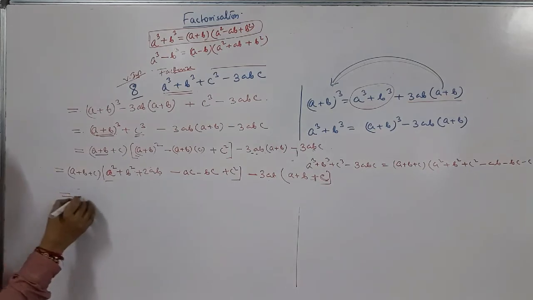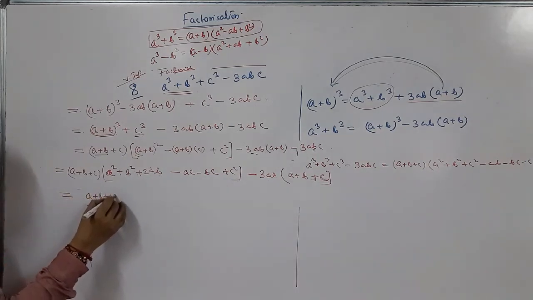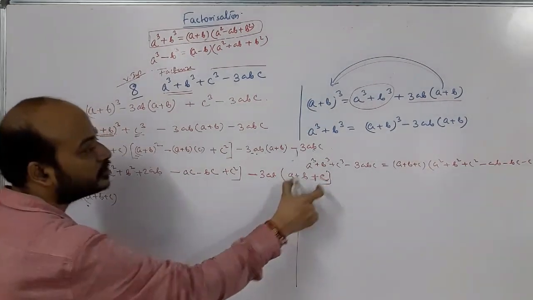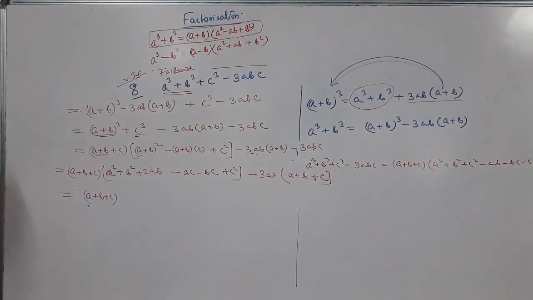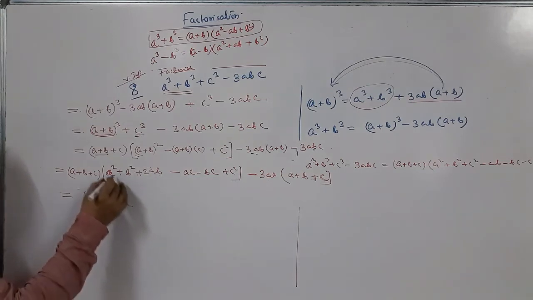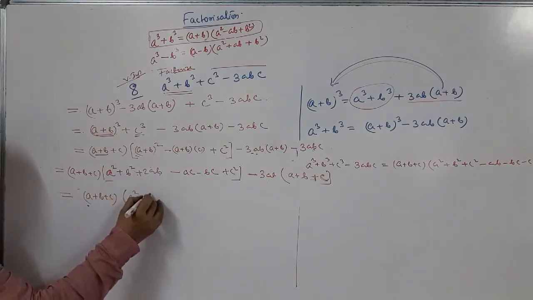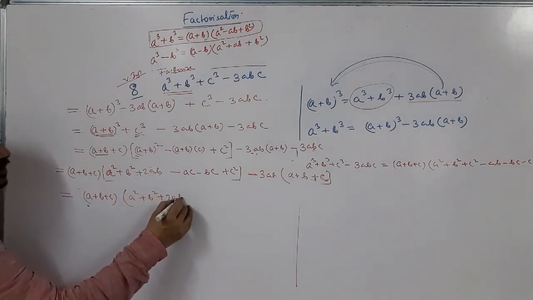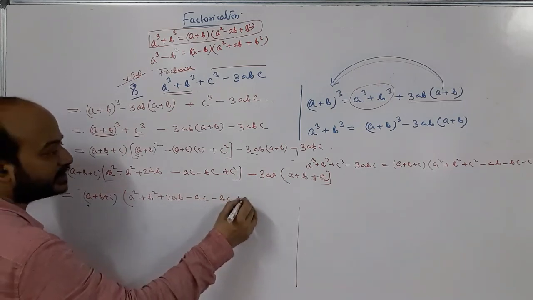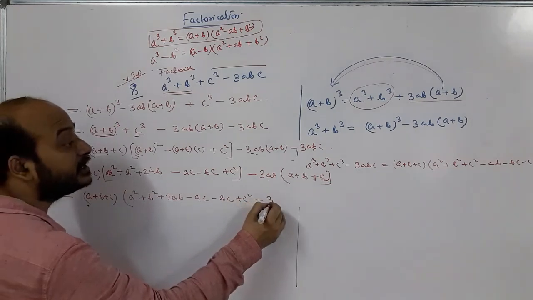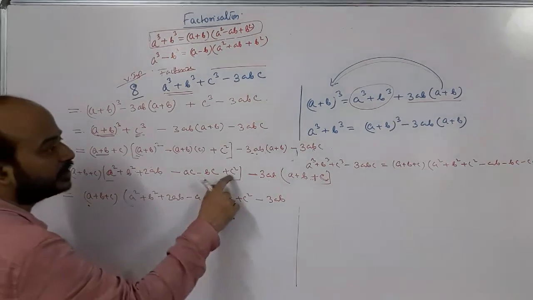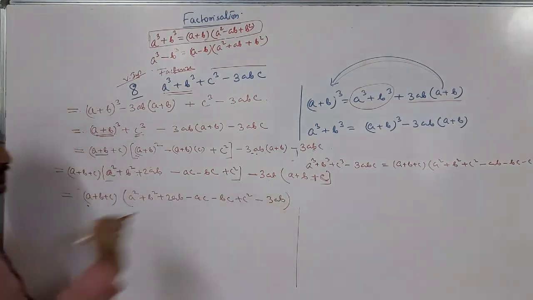We can take a plus b plus c common, because in this part you have a plus b plus c, and in this part also you have a plus b plus c. So if I take a plus b plus c common, now see what is left here. You have a square plus b square plus 2ab minus ac minus bc plus c square, and then minus 3ab, because a plus b and a plus b get cancelled as common. So this is what we are getting.